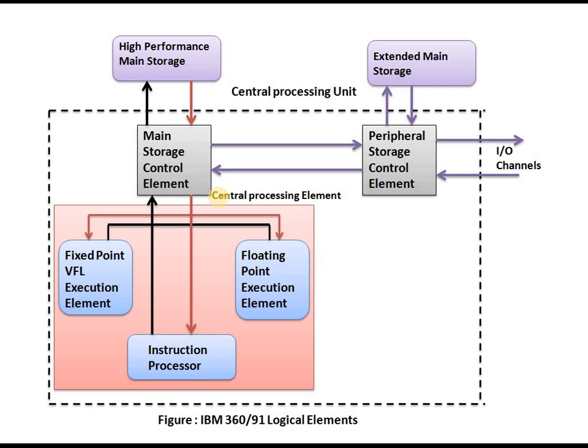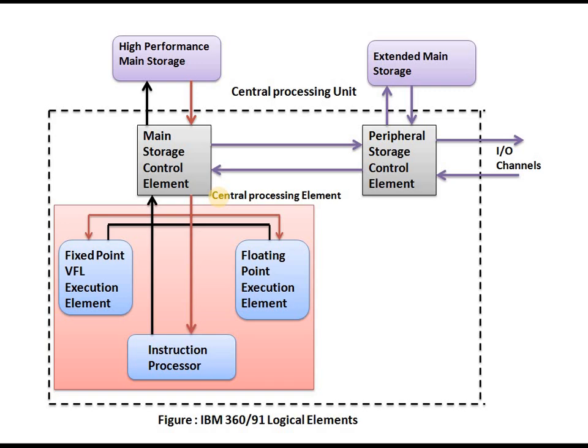The fixed point, variable field length execution element contains the general registers, which are also used by the instruction processor. Functionally, this element operates as an independent stored program computer. It has its own instruction stream, its own execution circuits, and a set of operand buffers.